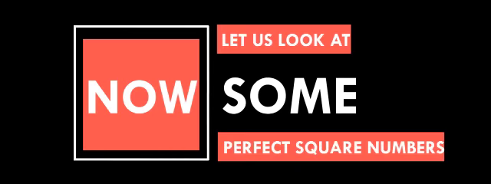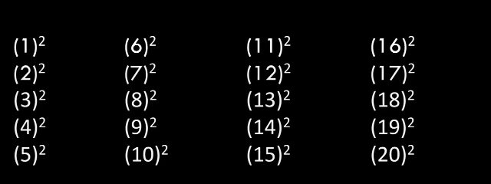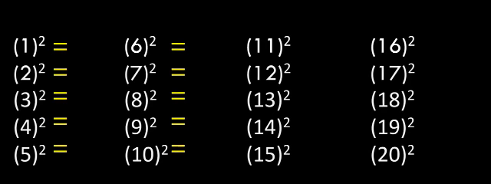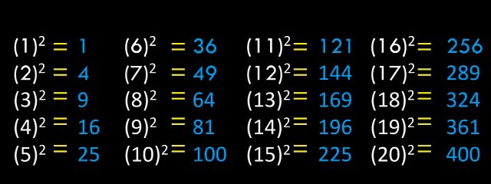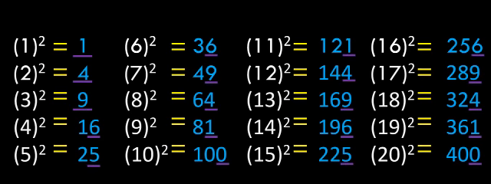Now, let us look at some perfect square numbers. Here are some perfect square numbers, and if we observe carefully, we will see that the squares of even numbers are always even and the squares of odd numbers are always odd.